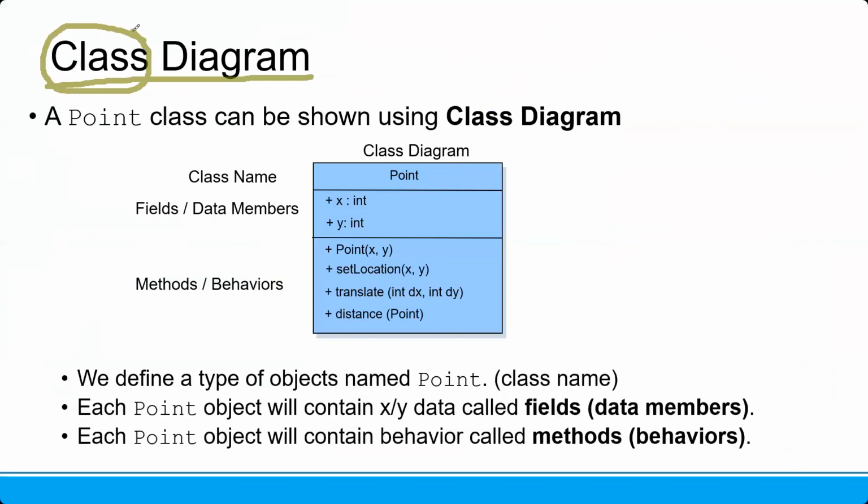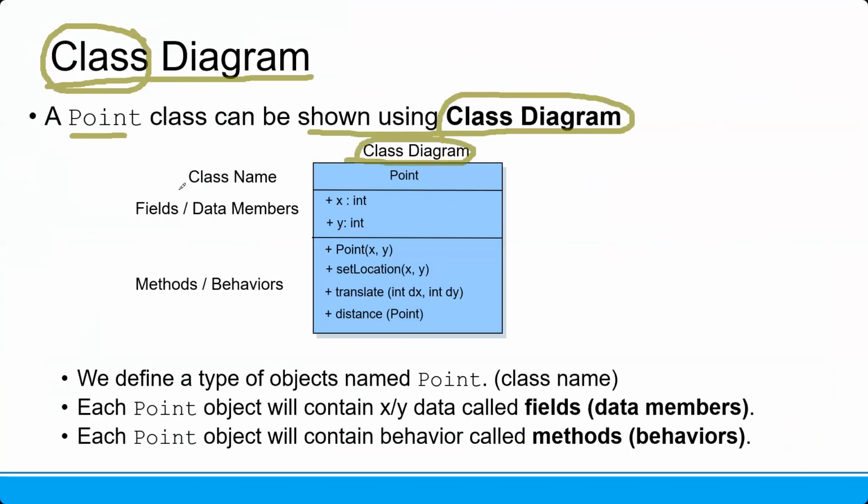It can represent a student, so if the class is student, it has the data about students. If the class is about car, then we have the data about car. If the class is about point, then we will have data about point. So the point class can be shown using a class diagram. So this is a class diagram.